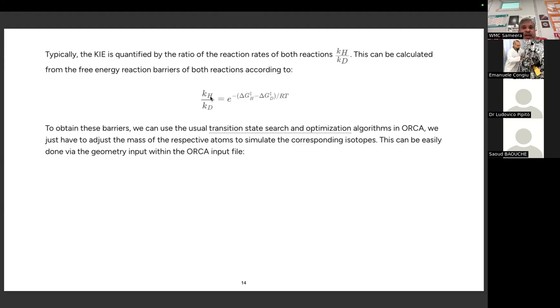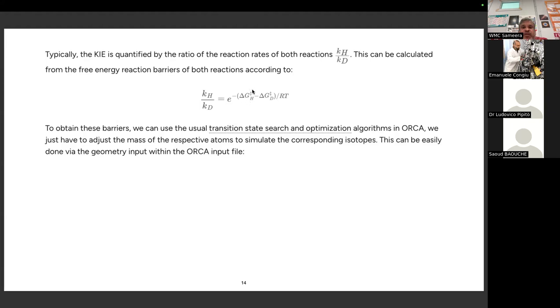Our idea is to get the ratio of the rate constant of the hydrogen atom transfer and the deuterium atom transfer.